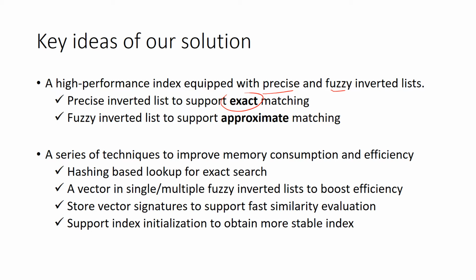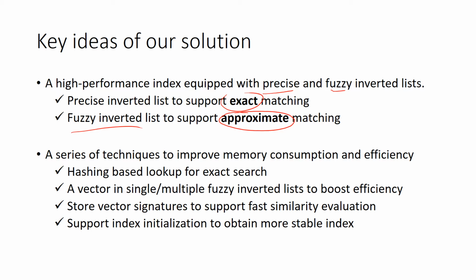If users can tolerate some approximation, or they want to use approximate matching, they can choose to use the fuzzy inverted list, which will speed up the indexing and query processing.